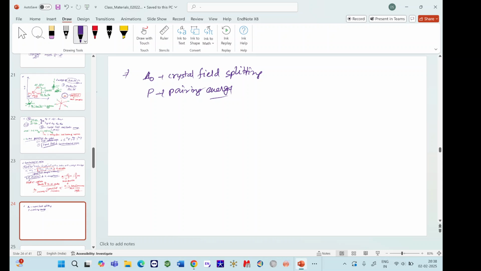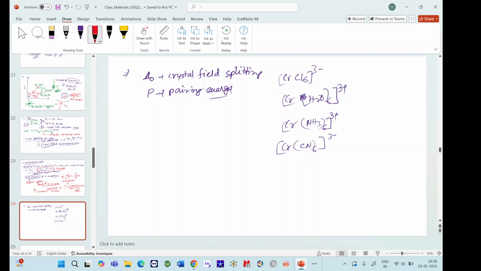Say you have this complex. It is already told in the class, but still I will discuss once again. [Cr(H2O)6]3+, [Cr(NH3)6]3+, [Co(NH3)6]2+, [CoCl6]3-. So in all these complexes, chromium is in +3 oxidation state.